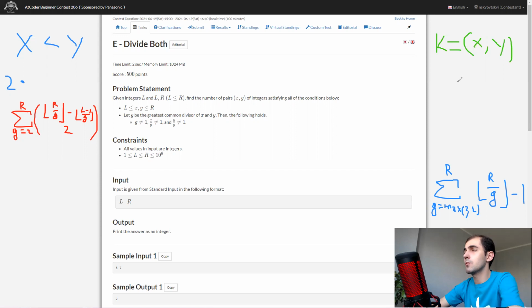Turns out we count them once for every g dividing k. So basically we count them however many divisors they have, right? That is not ideal. You'd like to count them only once overall.